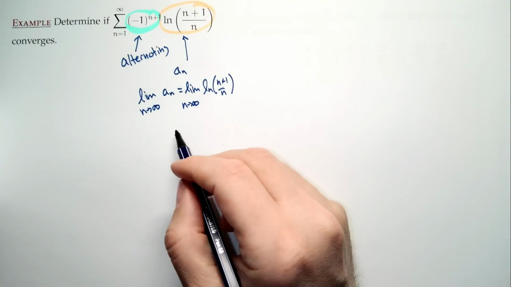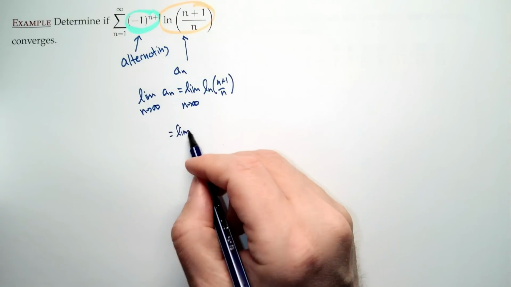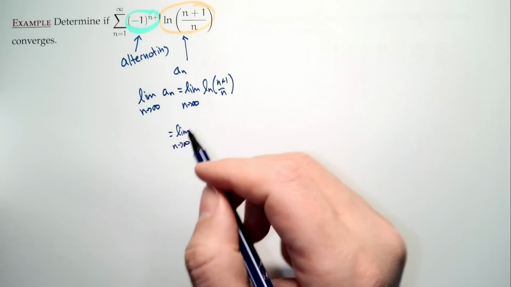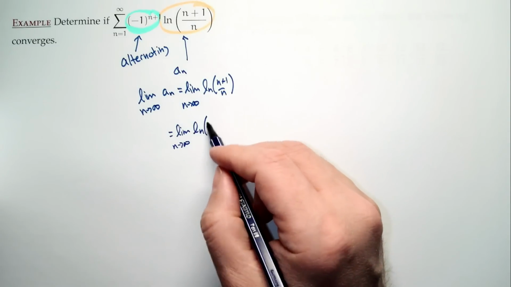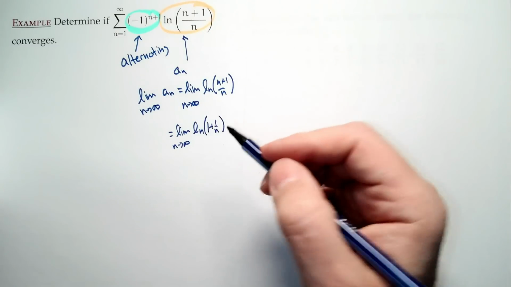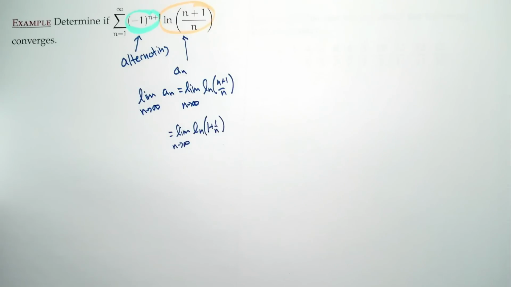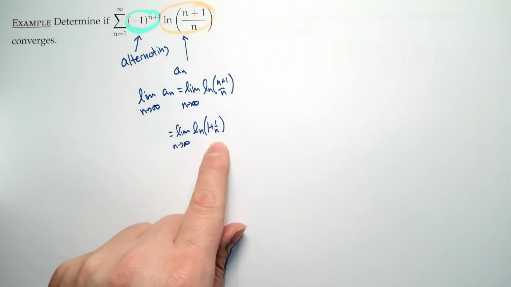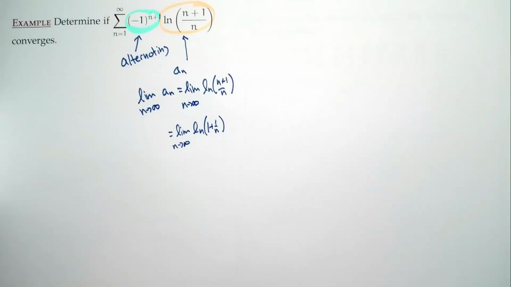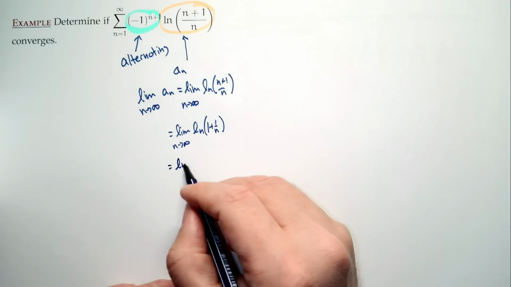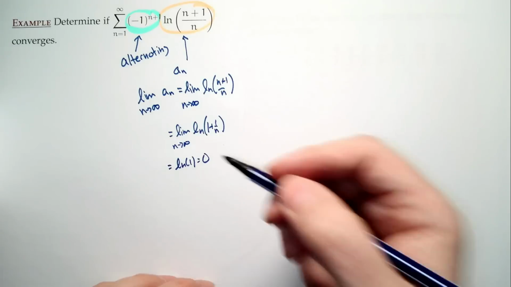If you look at it, you might see it a little bit simpler if we say, hey, this is really log of 1 plus 1 over n, because I can think of it as n over n, 1 over n. And now we say, yeah. See, the 1 over n is going to get small. So in the limit, this goes to log of 1, which is 0.